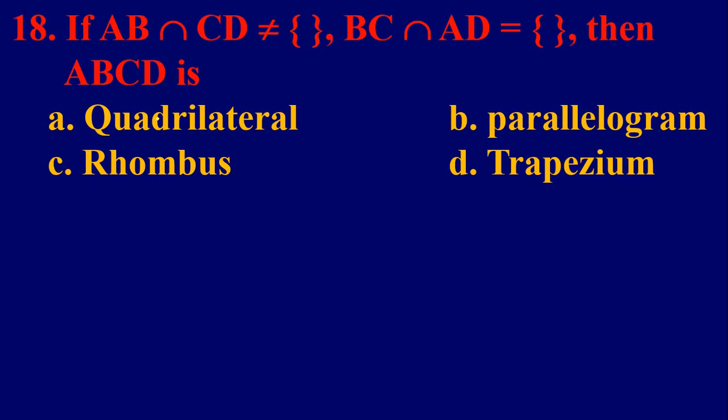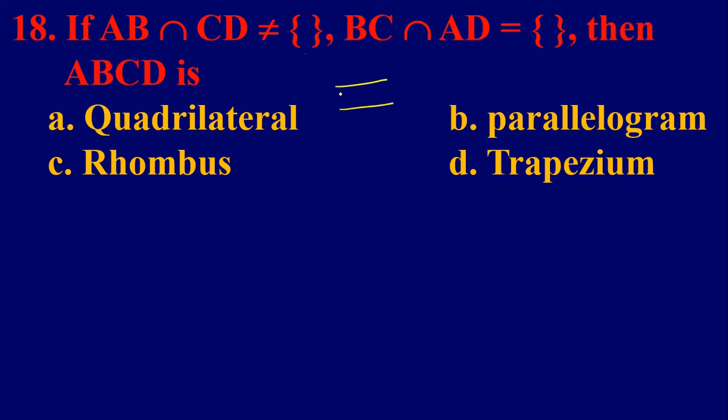Next question, question number 18. If AB intersection CD is not equal to the empty set and BC intersection AD is the empty set, then is ABCD a quadrilateral, a parallelogram, a rhombus, or a trapezium? Here ABCD should be some shape. What is given? AB intersection CD is not empty. AB and CD are two sides.